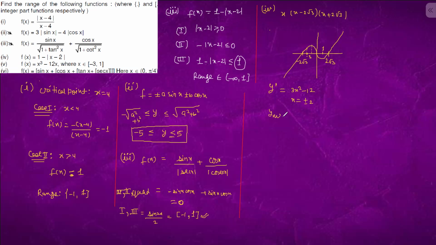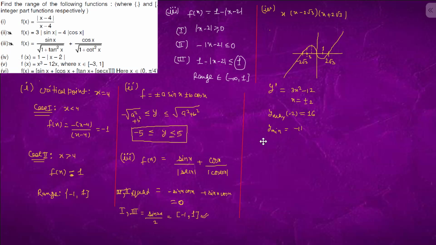So y max at minus 2 equals 16. And y min will be at 1, which is minus 11. This is what it is.